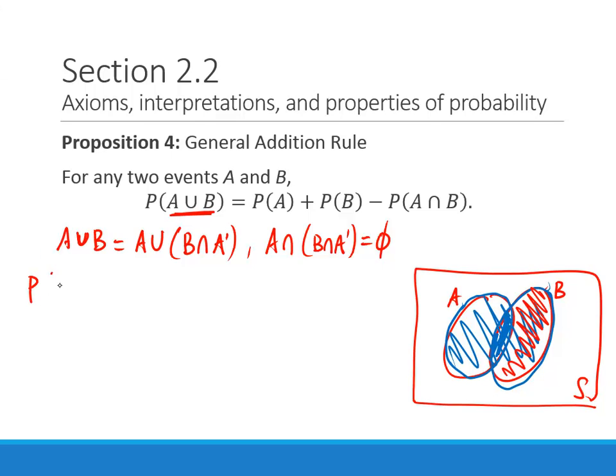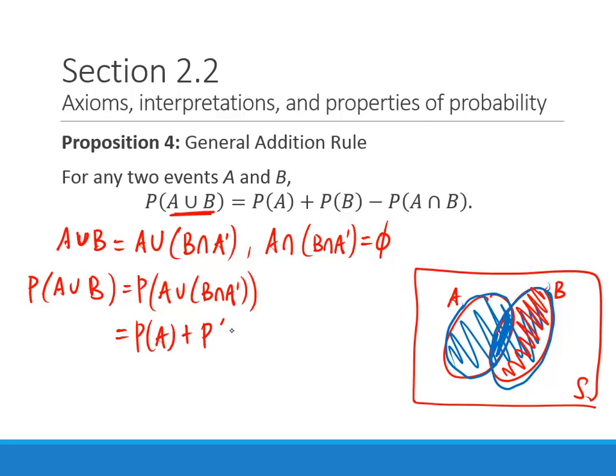The probability of A union B, since those two events are disjoint, is the probability of A union. I haven't changed anything yet, but since they're disjoint, I can now make this the probability of A plus the probability of B intersect A complement.